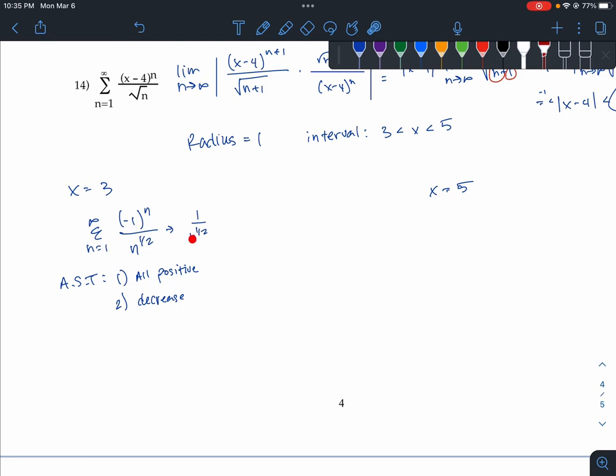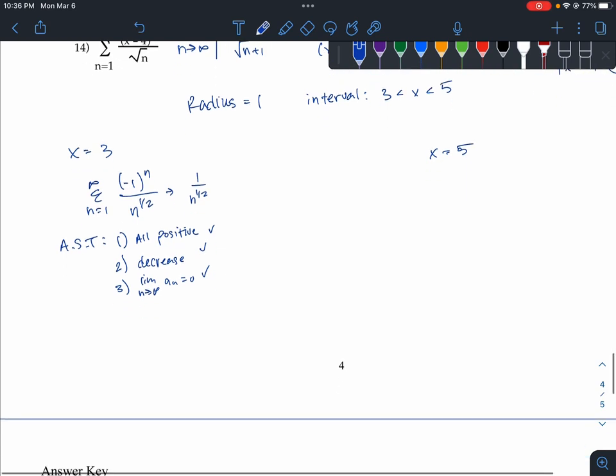As n increases, the denominator will always increase, therefore the expression will always decrease, and it has to decrease to 0. So the limit of all the terms, as you count to infinity, of a sub n has to be equal to 0. That would be the case, because if you apply the limit as n approaches infinity here, it's going to go to 0. So by the alternating series test, this series right here converges.